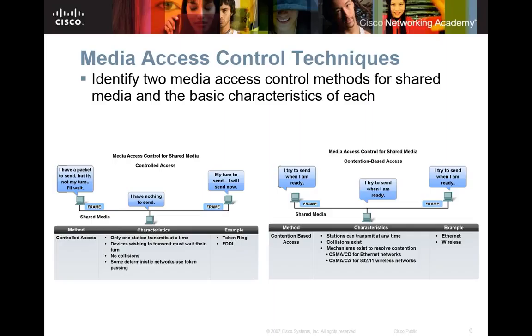Collision avoidance, the CA, is on your wireless network, CD is on your Ethernet network. So those are the two different types of access methods: contention-based and controlled. All right, does that make sense? Y'all with me?